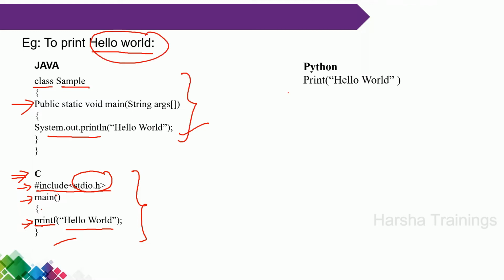But coming to Python, here it is a small p. No need of any class, no need of any header file, simply by using print hello world, a single line of code, the program is executed. This is the difference. Actually, this is the program for a simple hello world.